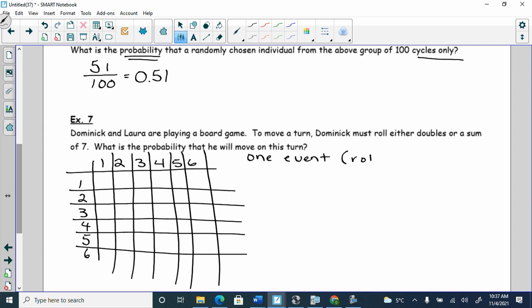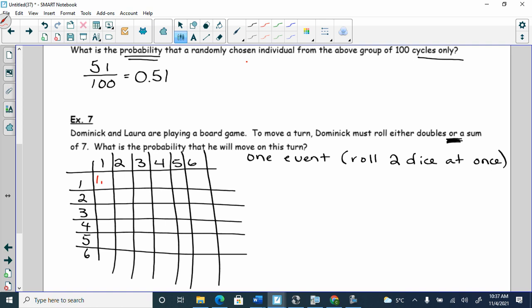You roll 2 dice at once, right? And I have the word either doubles or a sum of 7. Or means I have to decide if it's mutually exclusive or not, correct? If there's overlap or not. I'm going to list my outcomes first.